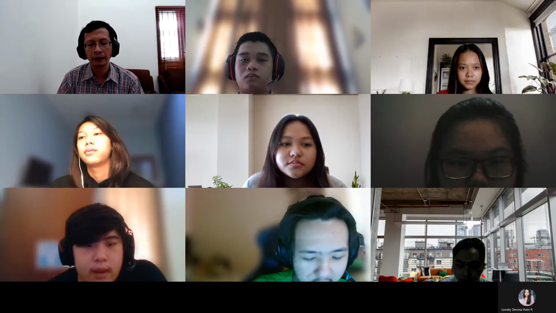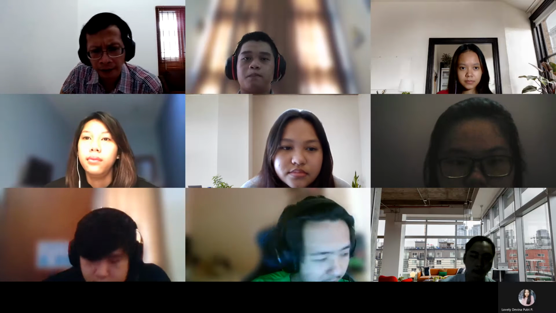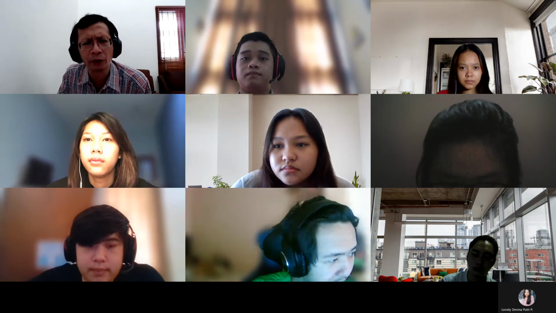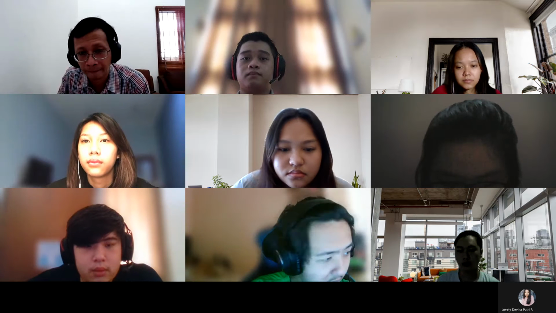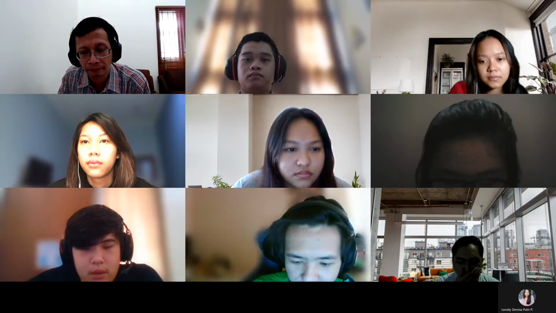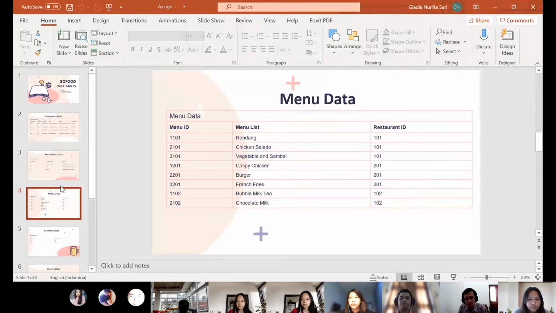Okay, so next, can I see the restaurant or menu data? Usually, if you look at the GoFood application, there is a picture of the menu and also the price. I didn't see it here.